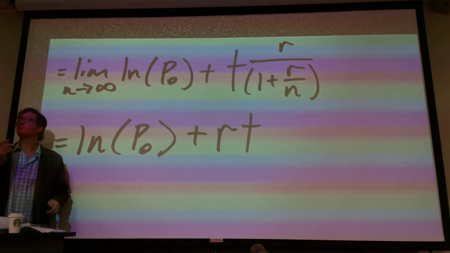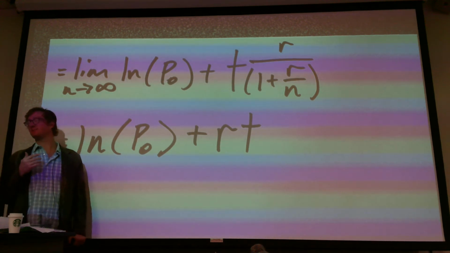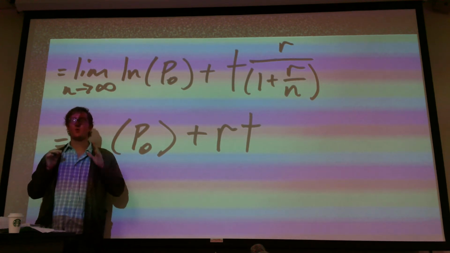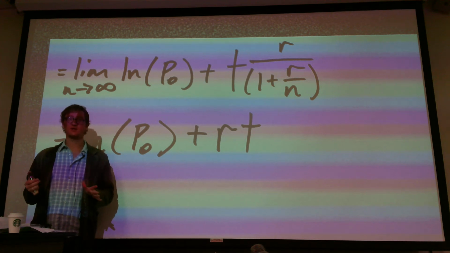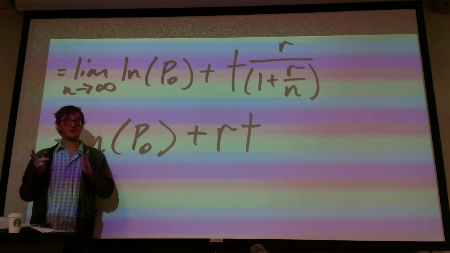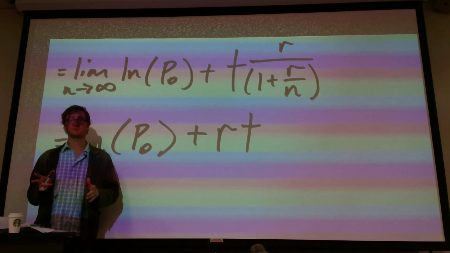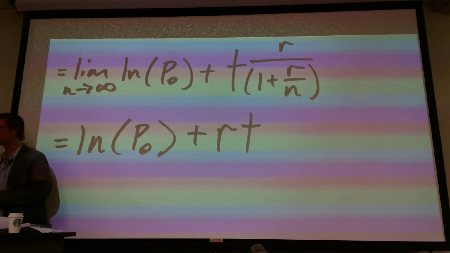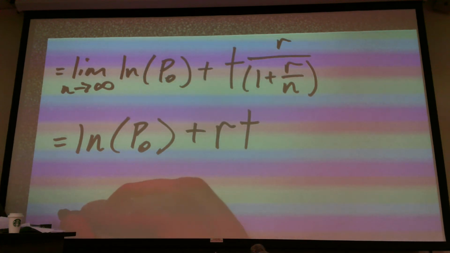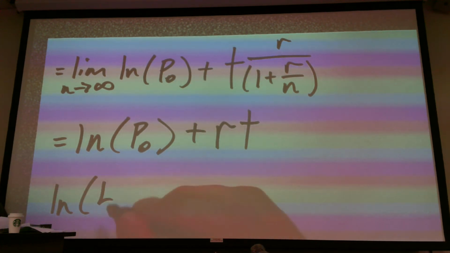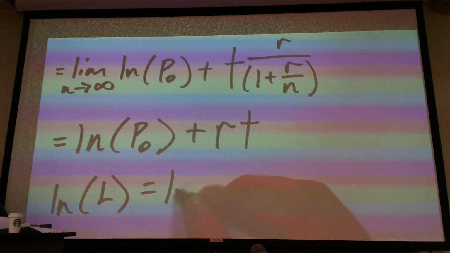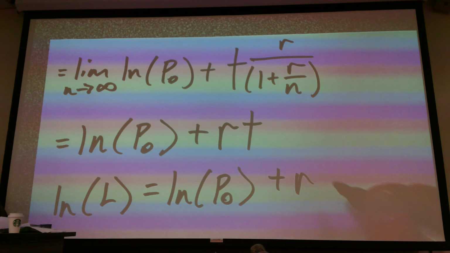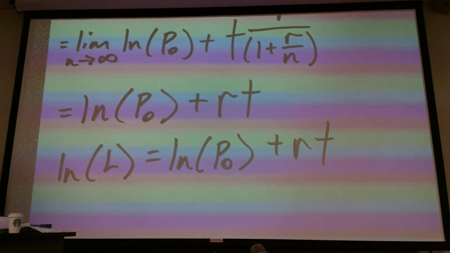But remember, this is basically mathematics. Whenever you're using equations, it's one long sentence with a bunch of stuff in the middle, but it's really one statement, with a lot of explanation leading to it. So the natural log of L is going to equal the natural log of P naught plus RT.